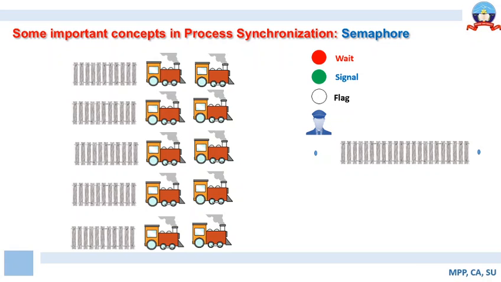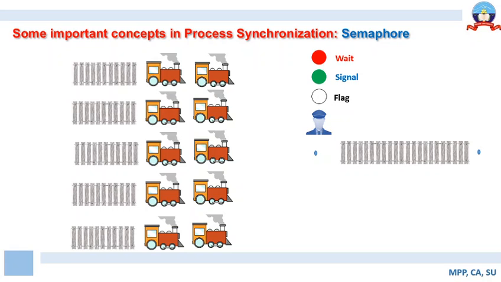And green signifies that you are free to use the route. So red indicates wait and green indicates a signal to use the route.